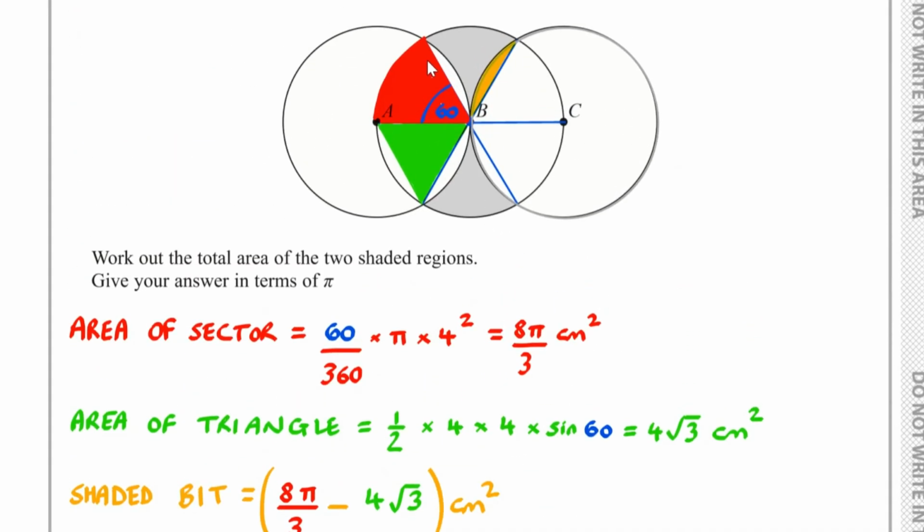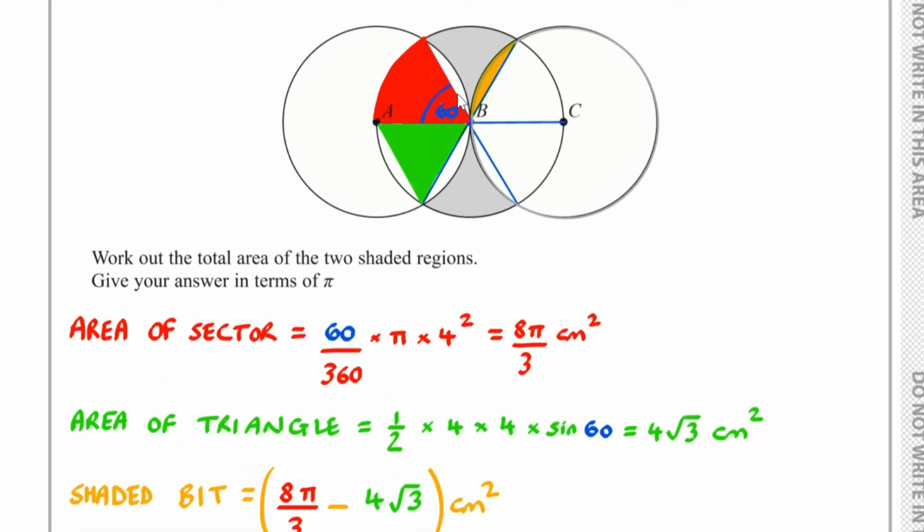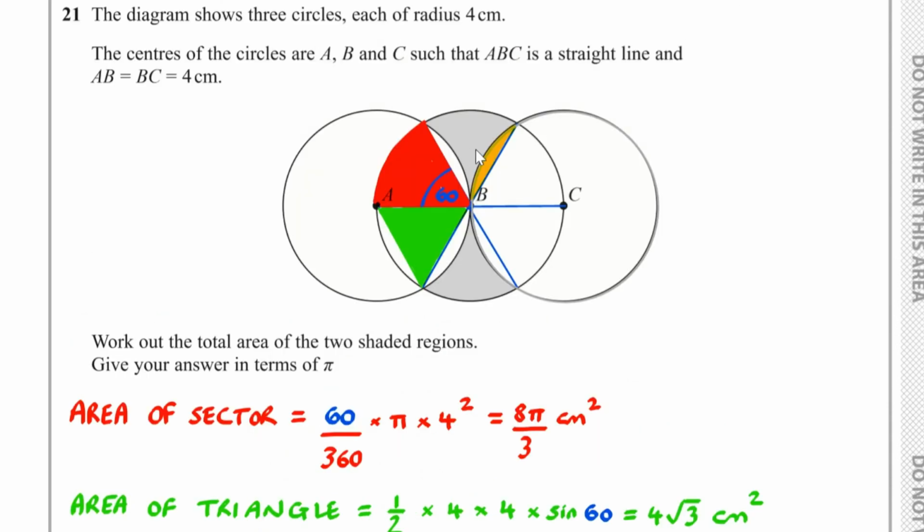So what we need to do is find out the area of the shaded region. So the way to think about this is, what we have is the entire circle take away the sectors which appear 4 times.